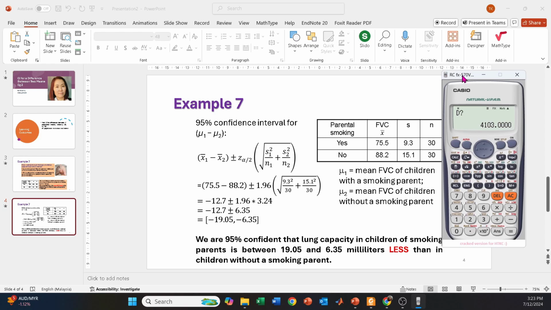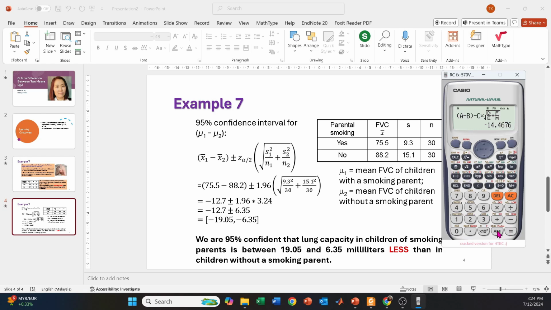E is the sample size for population 1, 30. F is the variance S squared for population 2, which is 15.1. M is the sample size for population 2, 30.